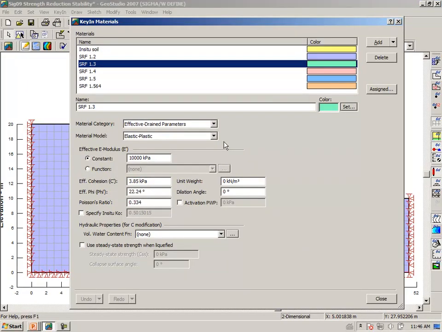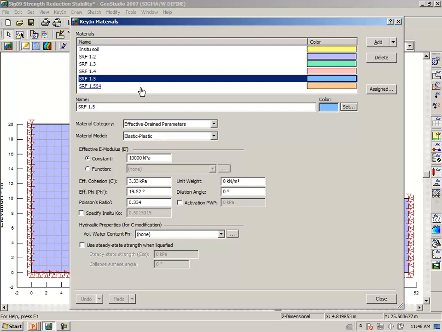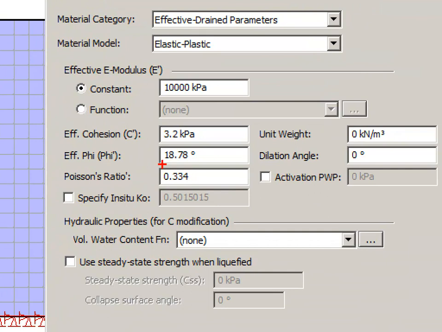Another material with a strength reduction factor of 1.3, another material with a strength reduction of 1.4, another material with a strength reduction of 1.5, and the final strength reduction, which was the original factor of safety, we are back to our strengths that were reduced by the original factor of safety, 3.2 and 18.78.